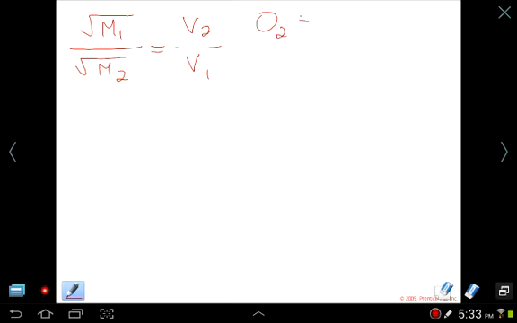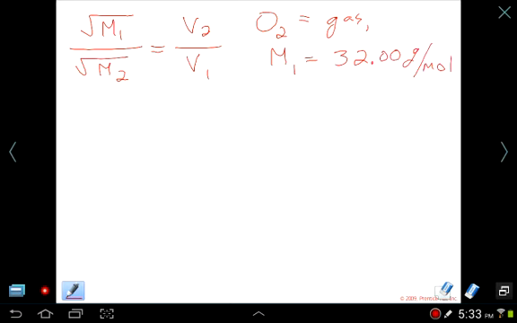So our equation for Graham's law said that the square root of mass 1 over the square root of mass 2 equals, this is inversely related, so they'll be on opposite sides, velocity 2 up here and velocity 1. If we say that oxygen, O2, is gas number 1, what we can say then is that the mass of gas 1 in this case is, from the periodic table, 32.00 grams per mole.